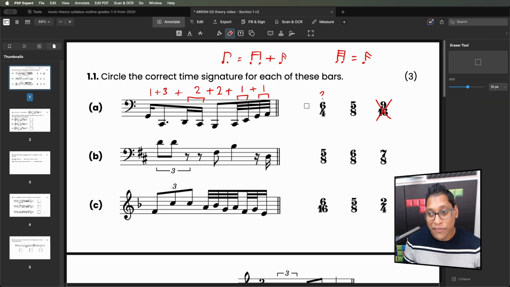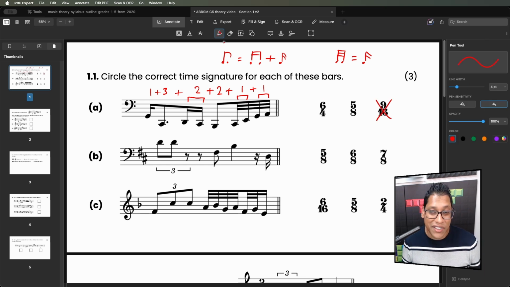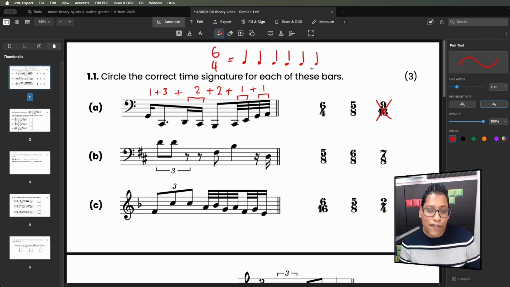Now, I have to check whether 6/4 is our correct answer. 6/4 is 6 crotchets. If we wanted to turn that into quavers, we would have to multiply this 6 at the top by 2, which ends up being 6 times 2 is 12 quavers in the bar.